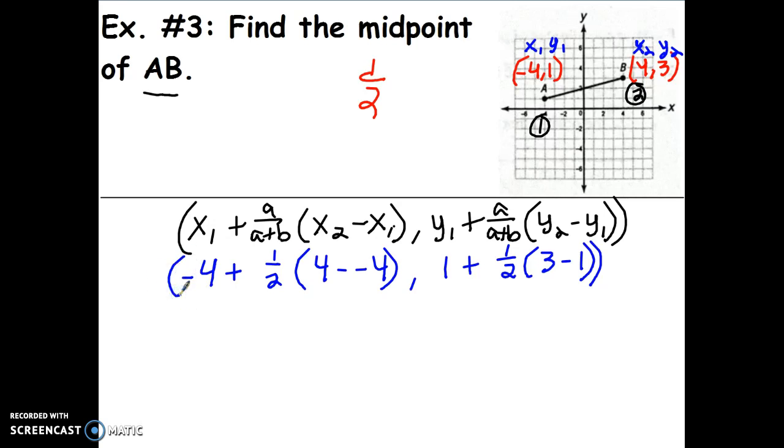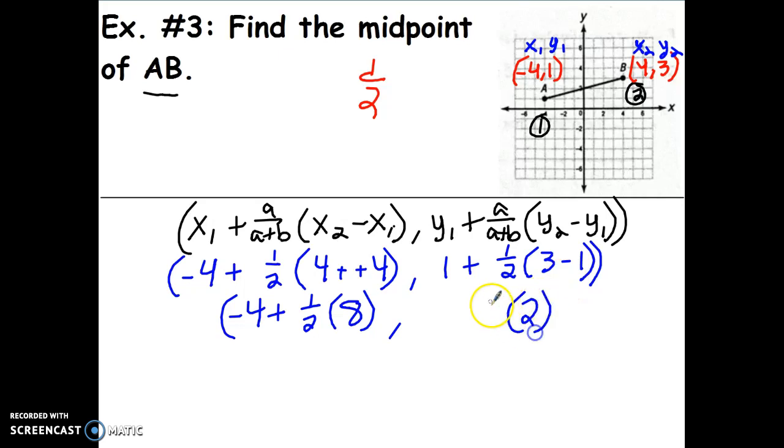Okay. All right, so let's simplify our parentheses. 4 plus 4 is 8. Bring everything else down. 3 minus 1 is 2. Bring everything else down. Okay, half of 8 is 4.